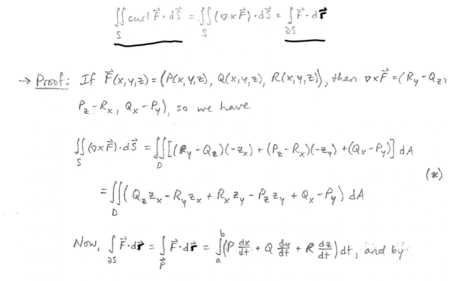Taking the dot product of our vector field and the derivative of our boundary curve, we get the integral from a to b of P times dx over dt plus Q times dy over dt plus R times dz over dt, and it's that whole thing times dt. This is just referring back to the line integral formula that we saw earlier on in this course.